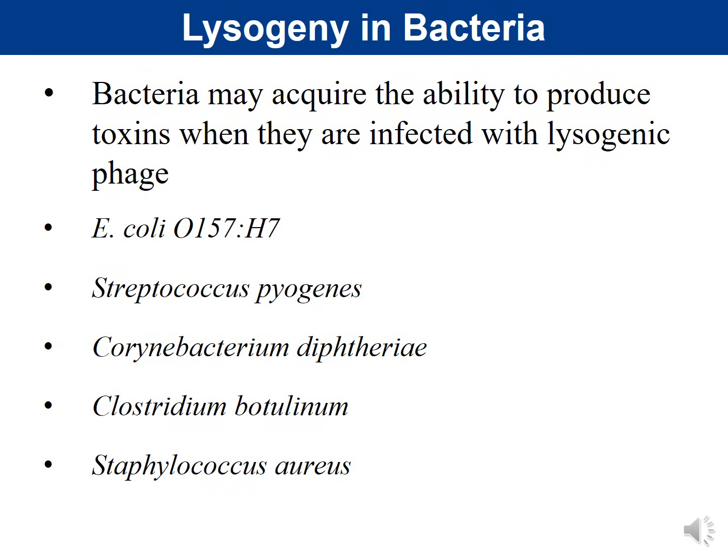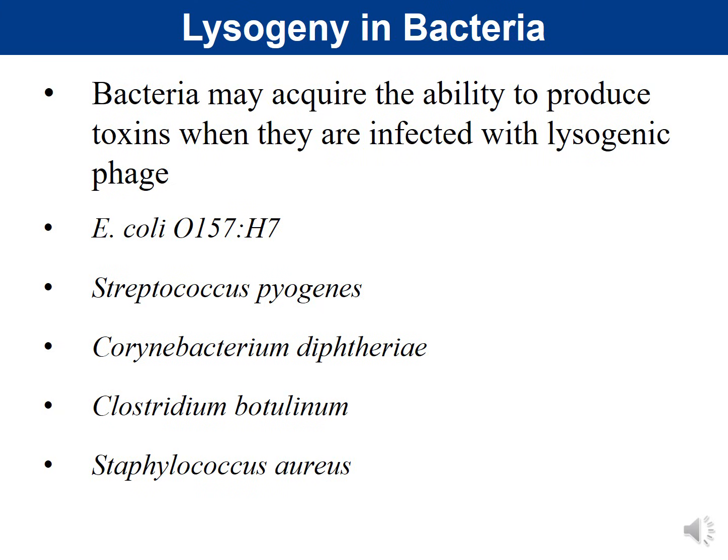And in transduction, cells use a phage, or a virus that infects bacteria, and that phage sometimes can pick up some of the DNA from a particular bacterium and then carry that DNA to a new type of bacteria, and that DNA can be incorporated then into the recipient's DNA.